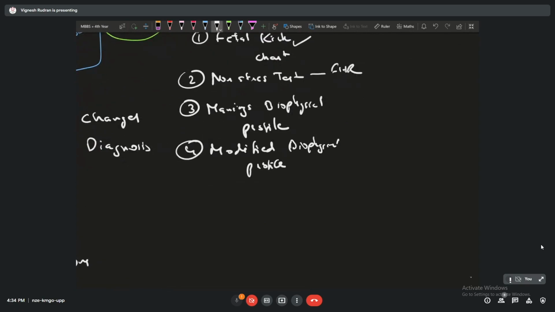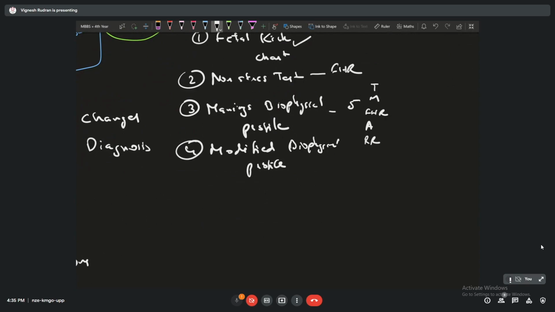Then your Manning's biophysical profile, you have 5 parameters. So you have tone, movements, fetal heart rate, amniotic fluid index, and I think it's respiratory rate.